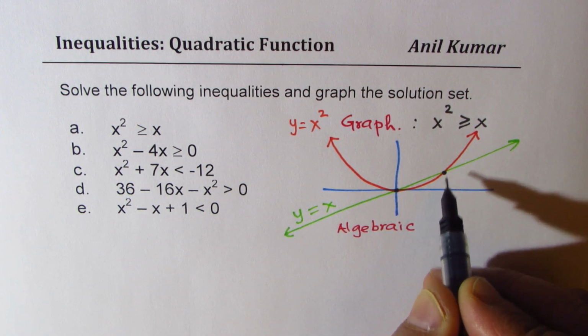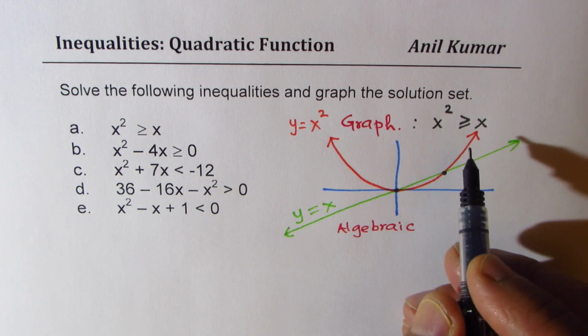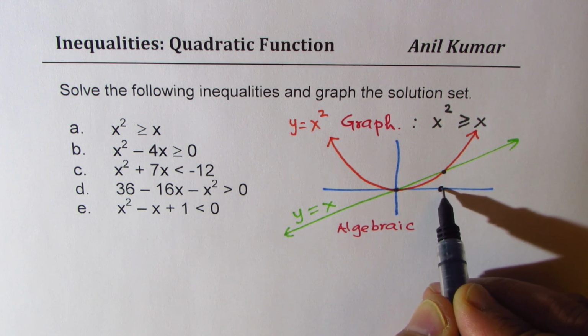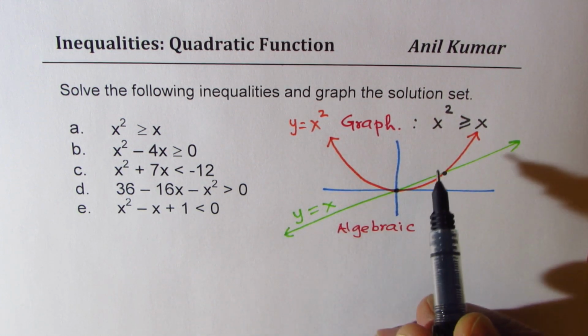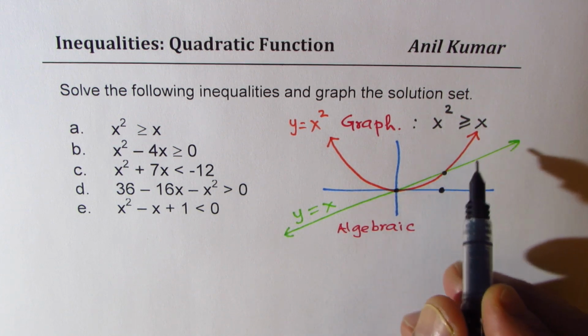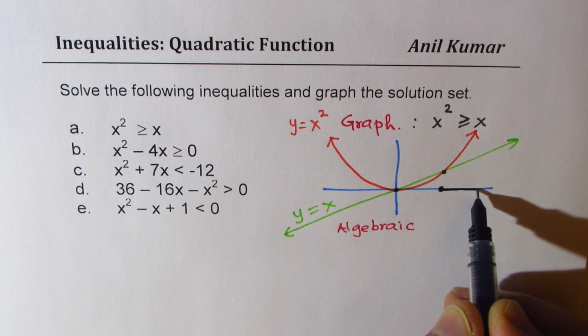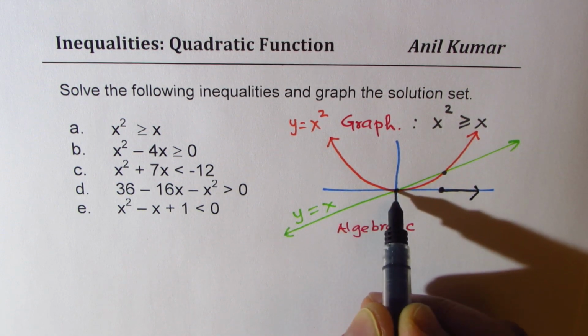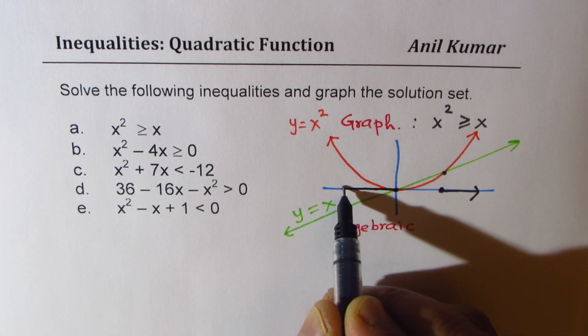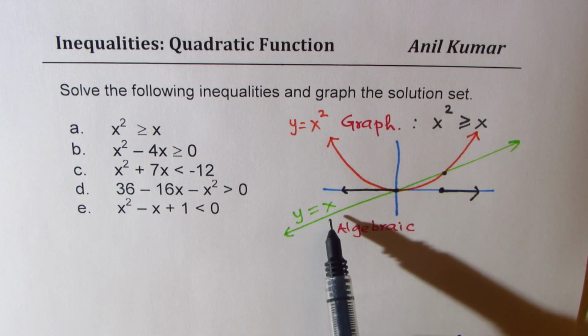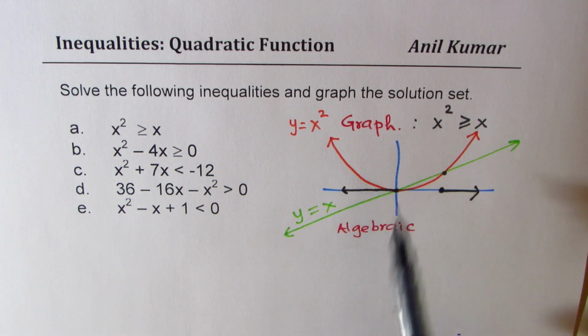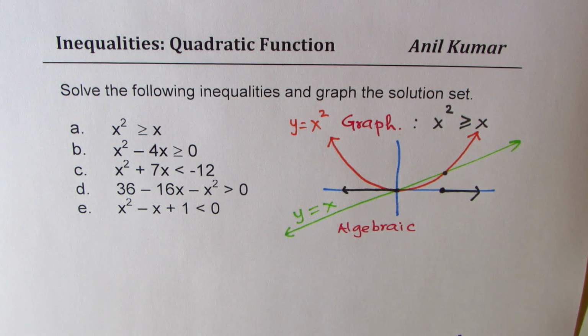So, basically, what we need is that we want to include the points when they are equal, so we'll include these 2 points. And the solution should be away from these 2 points. Now, if I move away from these 2 points, the graph of parabola is over the graph of straight line, and so we get our solution.